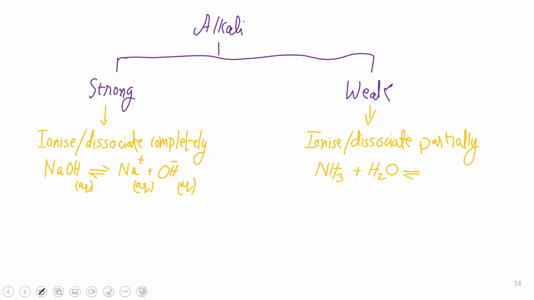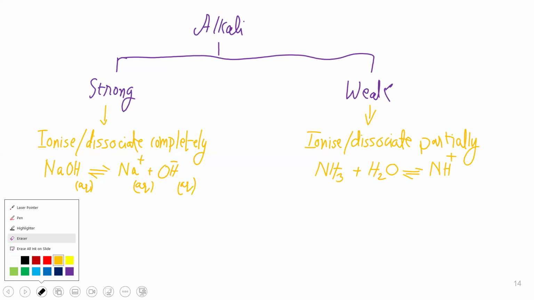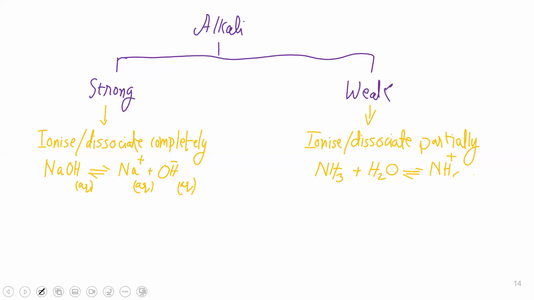So ammonia plus water gives you NH4 plus, which means ammonium ion, and this is OH minus.